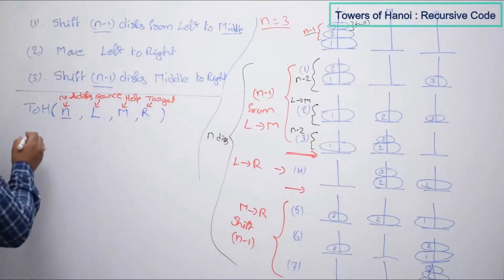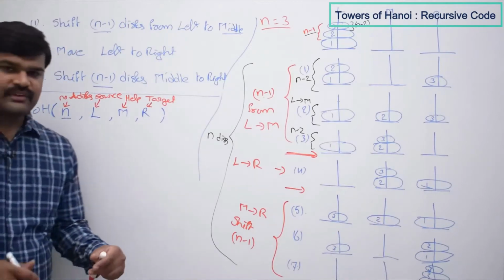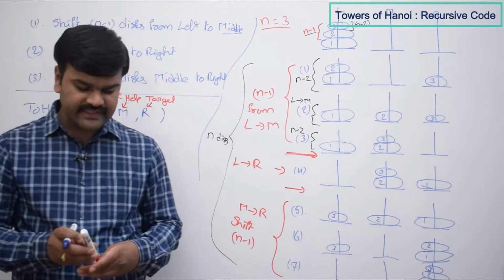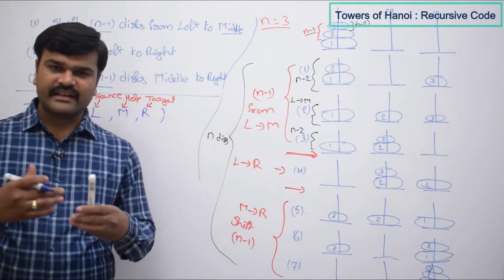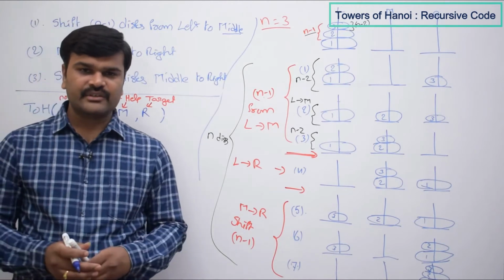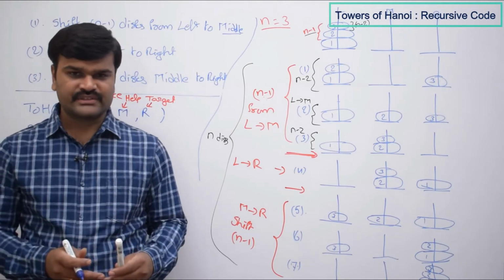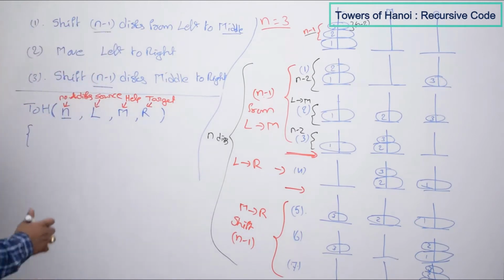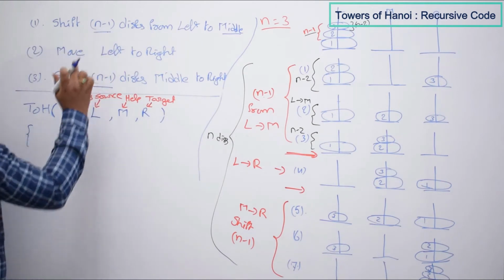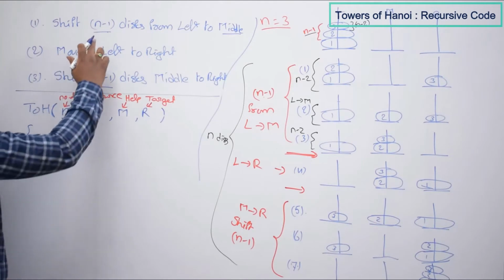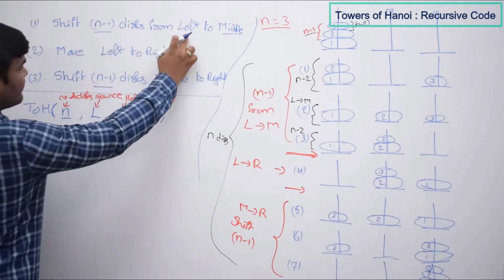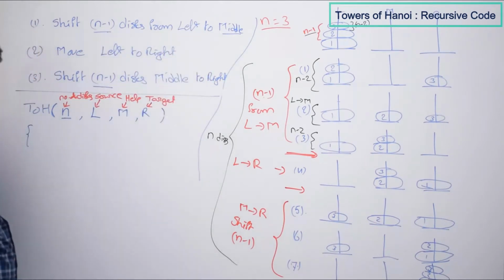Now if you see inside the code, how to write a recursive function, we already covered in another video. So please refer to that video to write recursive codes. Now here, let us see how to shift these things. What is the first step? First you have to shift these n-1 disks from left tower to middle tower.